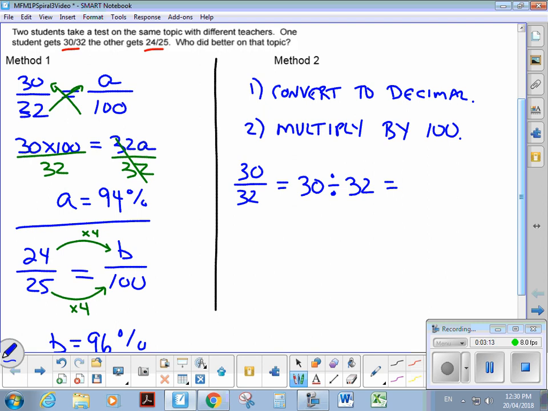Just using your calculator, you get 0.9375. Step two would be to take that value and multiply it by 100. Then we get, with rounding, 94%. So the same answer we did on this side over here.